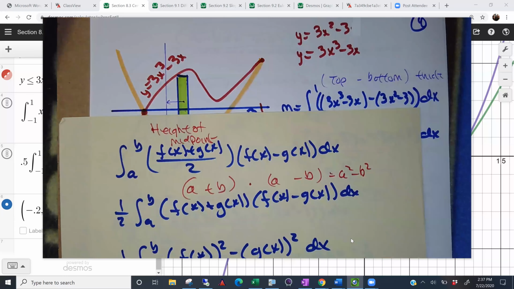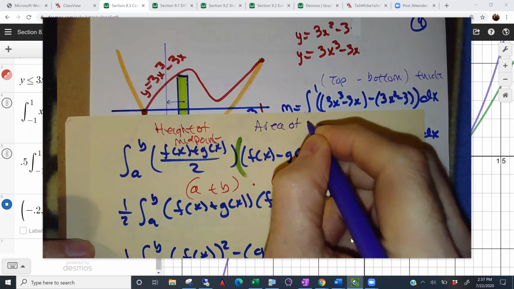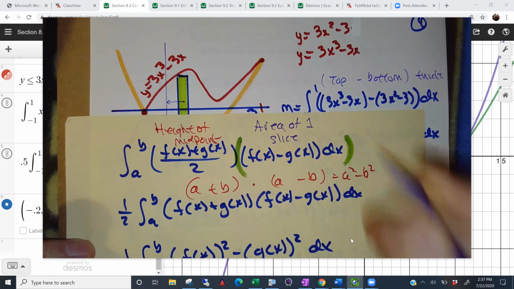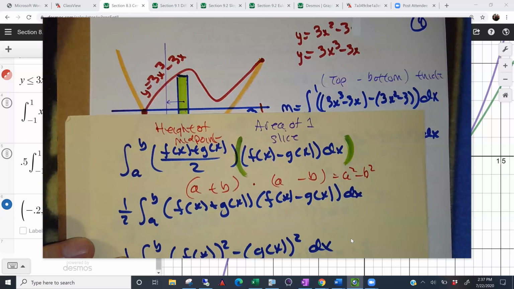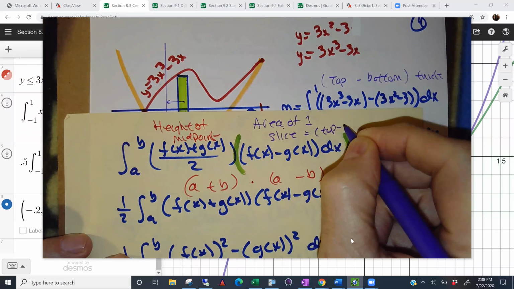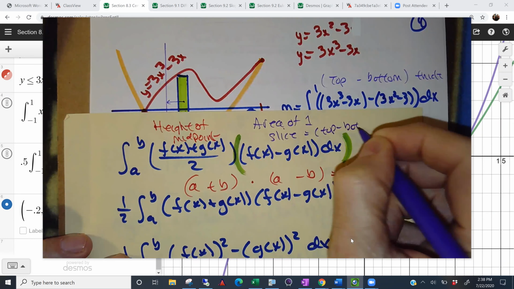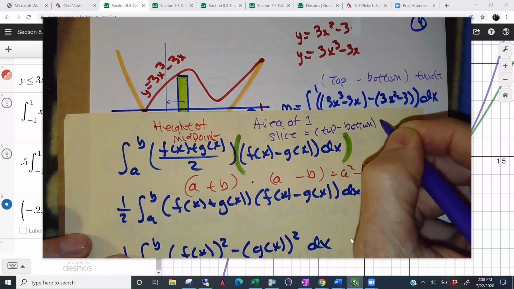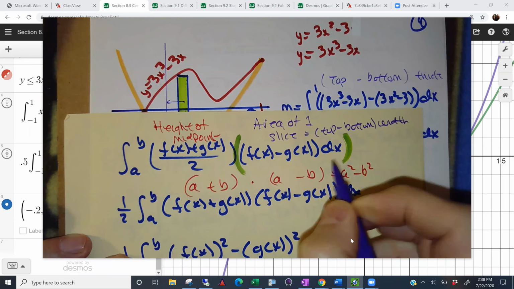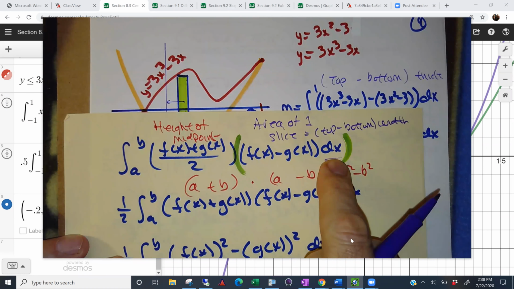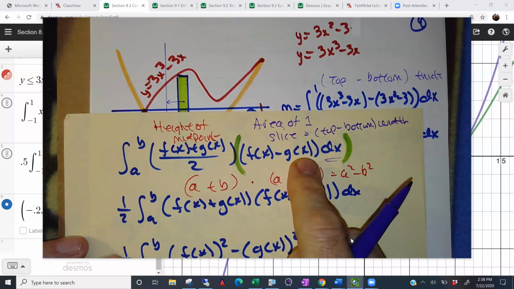It's the area of one slice, which is the height, your top minus bottom, times the width. The width is just your dx, and there's your top minus bottom.